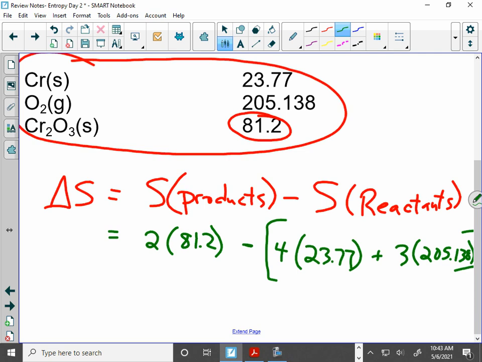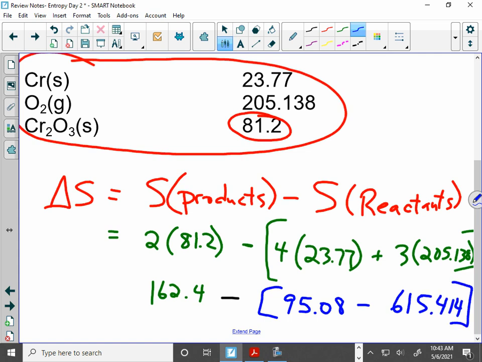When I take 81.2, multiply it by 2, I got 162.4. Then I'm going to subtract my reactants. 23.77 times 4 gave me 95.08. My 205.138 times 3 gave me a 615.414. So I add those two together.